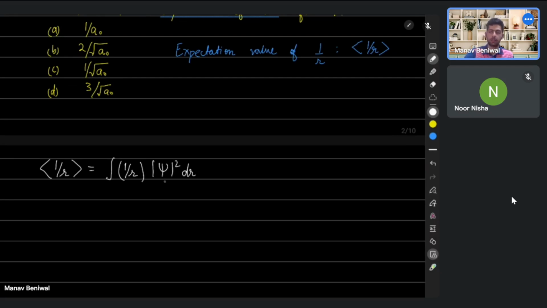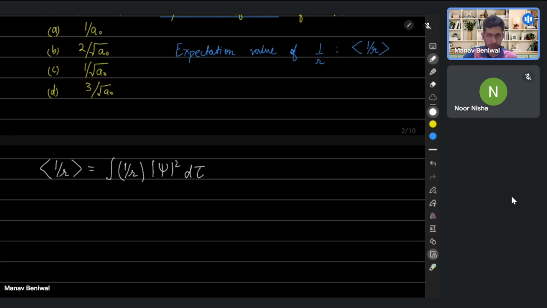Because this psi squared is the probability. Okay, because this is hydrogen, it will not be dr but it will be d tau, right? It is a three-dimensional problem, so we write this in terms of volume d tau.